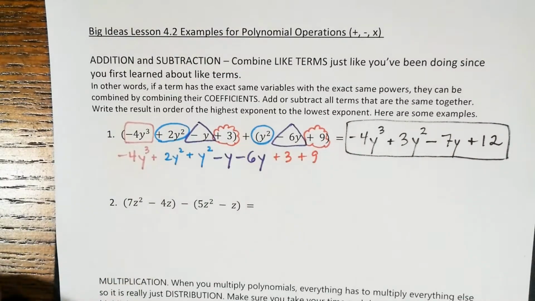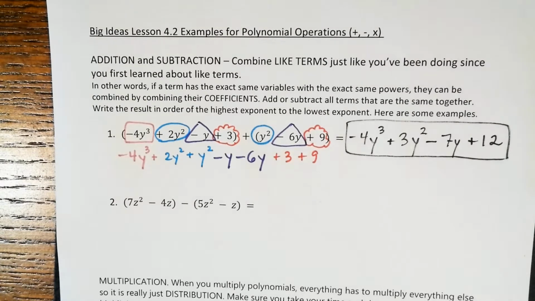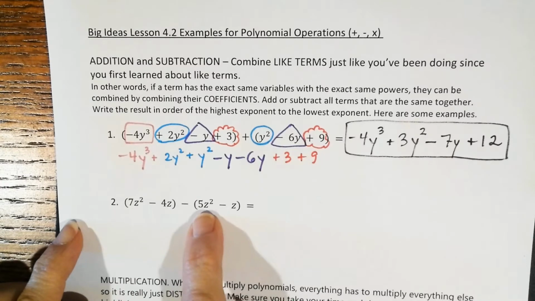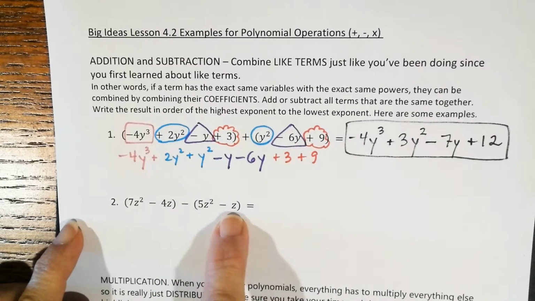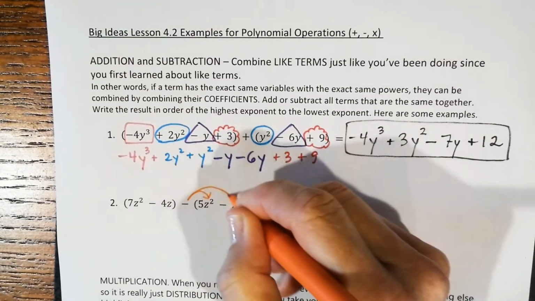Now, the next thing you have to remember, if you're going to subtract, you have to distribute the negative over what's being subtracted, because this is 7z squared, but you're subtracting 5z squared. This is negative 4z, but you're subtracting a negative z. So the first thing you always need to do is distribute that negative.